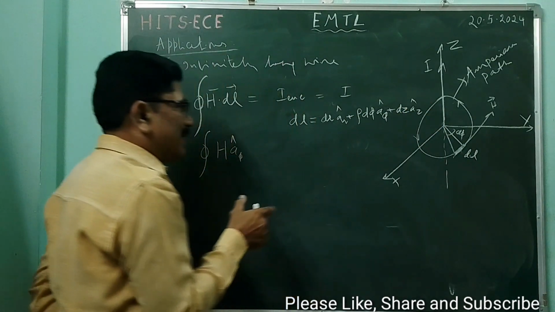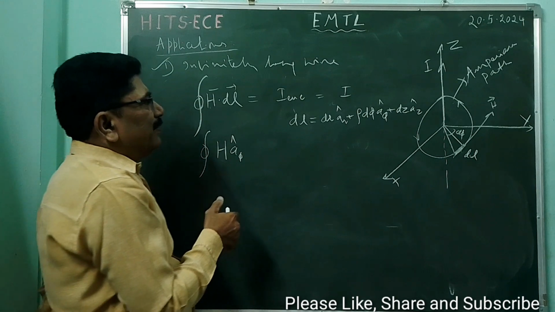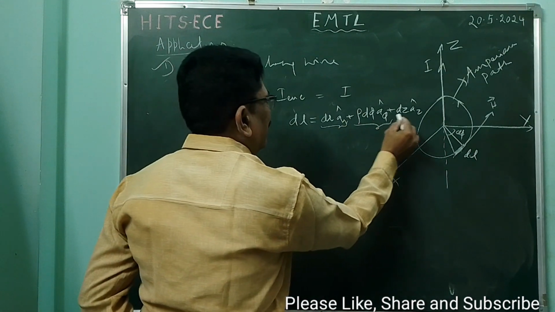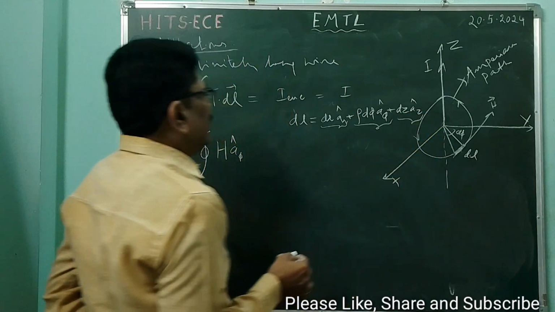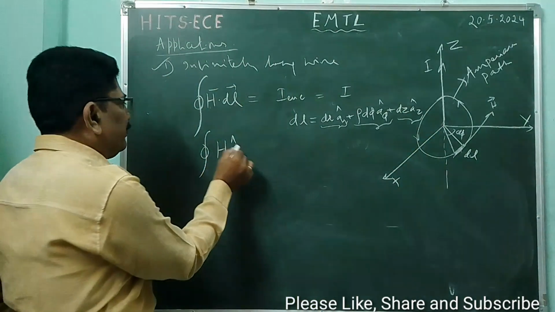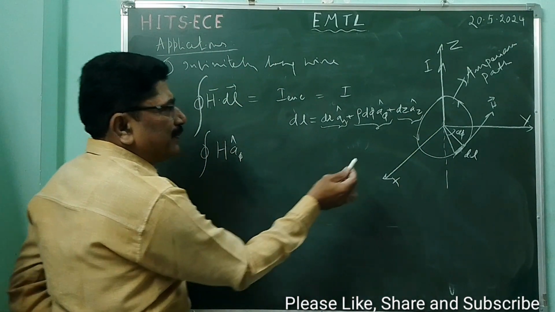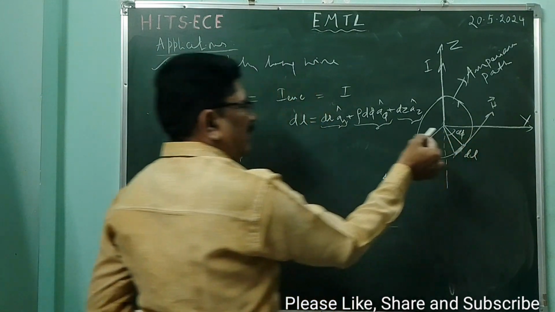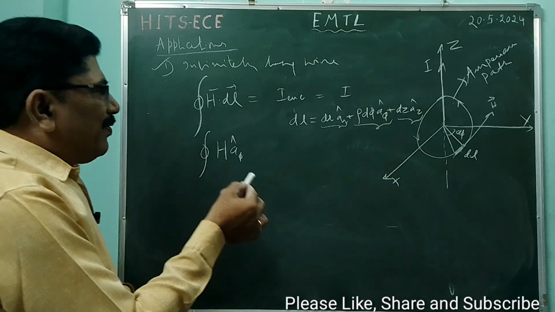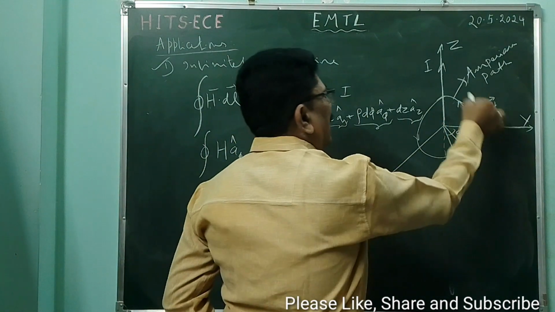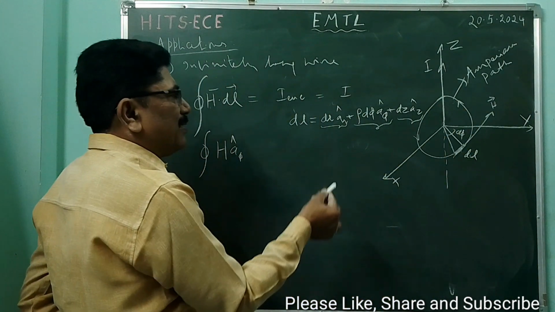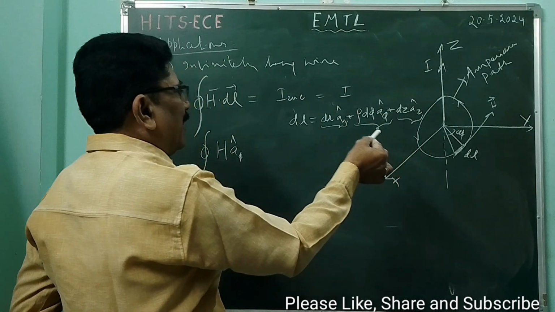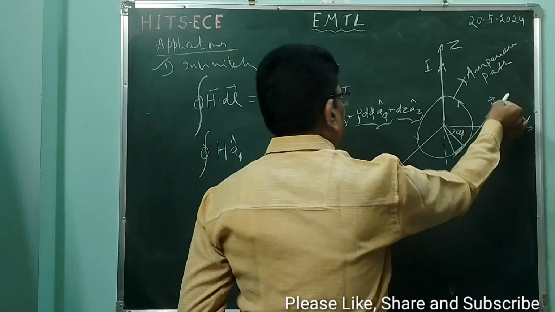These are the differential lengths, in the directions of aρ, aφ, and az. The unit vector for the coordinate φ is tangential to the Amperian path, and dL is also in the same direction, and H is also in the same direction.